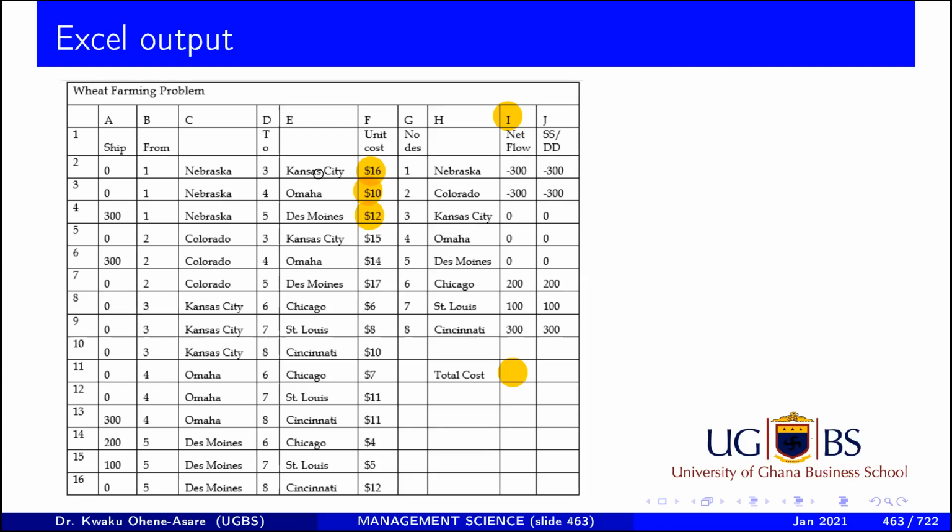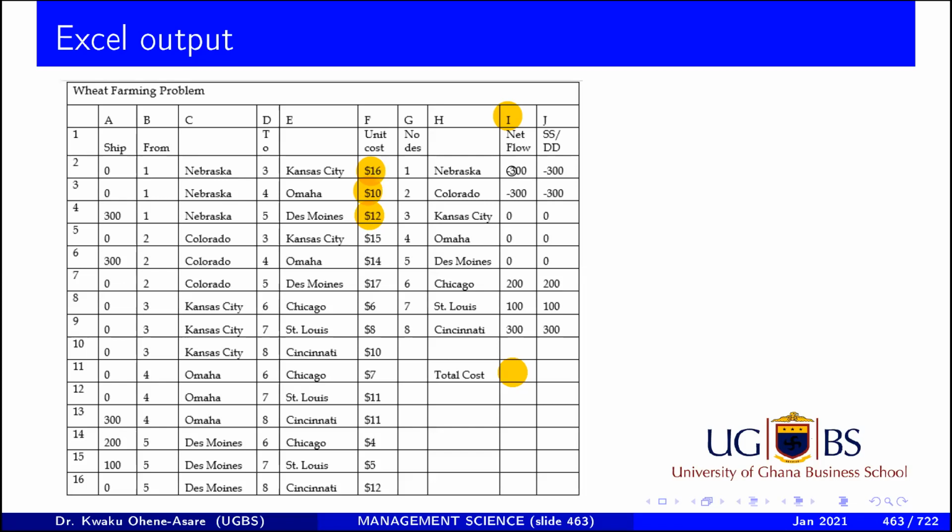So the question we need to note is, where are our solution variables? What did you ship? Because once you know what you ship, that's important.